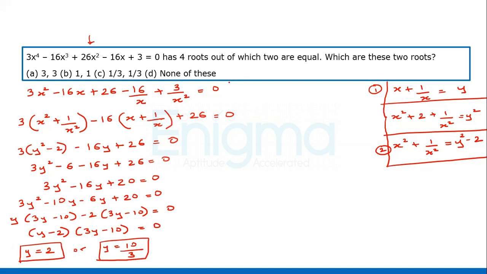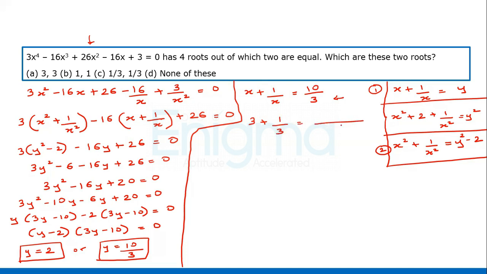Now, what is y? We have assumed y to be x plus 1 upon x. So therefore, we get here x plus 1 upon x is equal to 10 by 3. Now, as the denominator is 3, we will assume the value of x as 3 and let's verify. So it becomes 3 plus 1 upon 3.